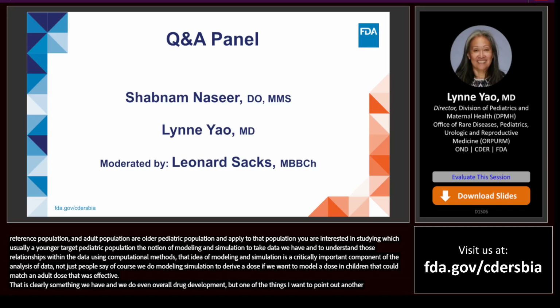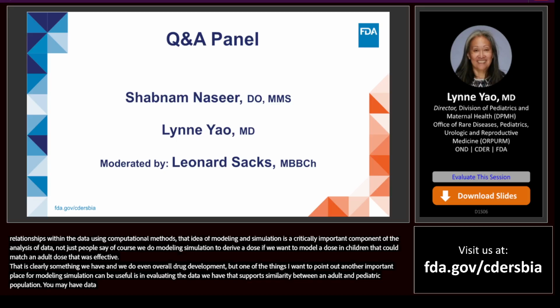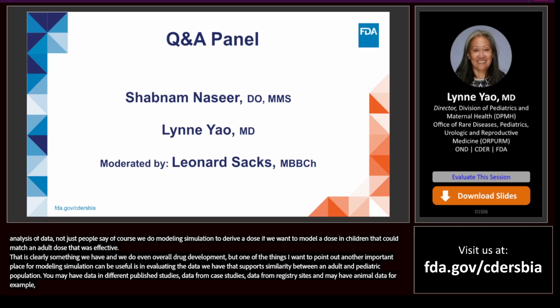So you may have data from different published studies, from chart reviews, from case studies. You may have data from registry studies, and you may have animal data, for example, that can be used to support a similarity of the disease between a pediatric and adult population.